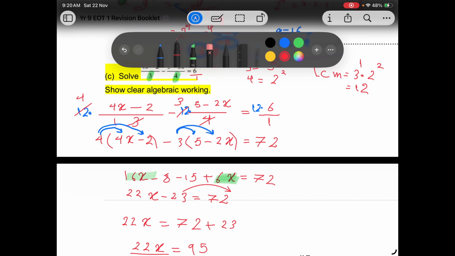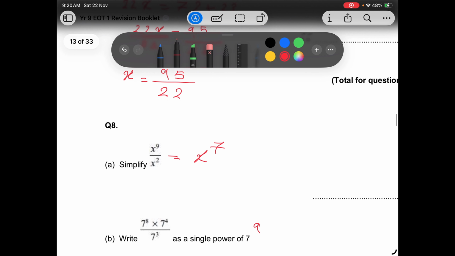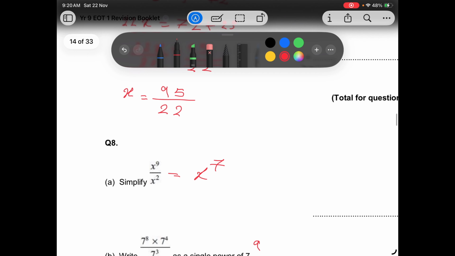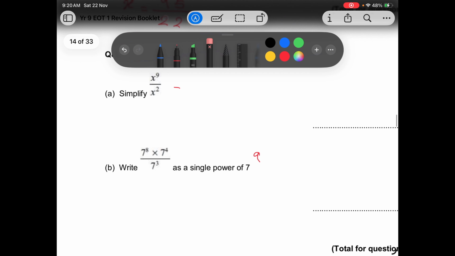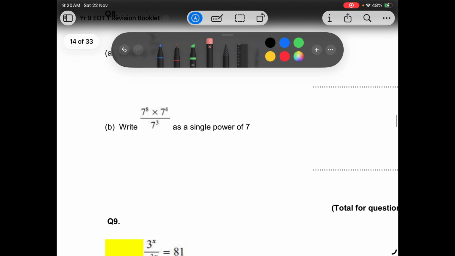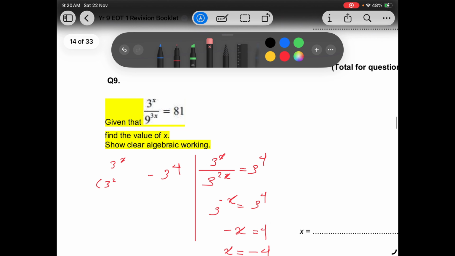Okay, guys, next problem. What I have here, we need to simplify things, I think.